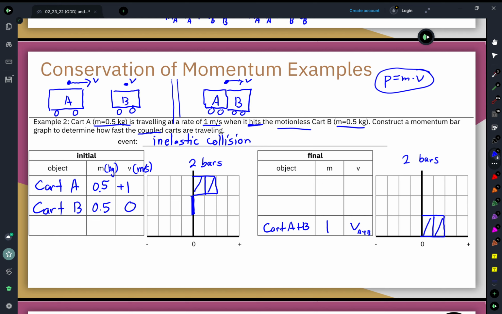Step 4 is to write the conservation of momentum equation for the bars and solve for the unknown quantity.